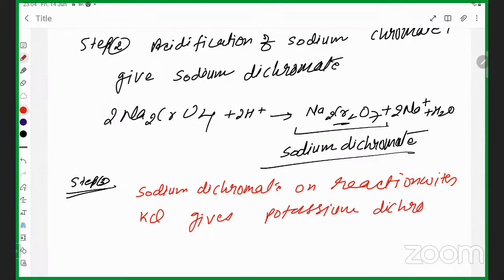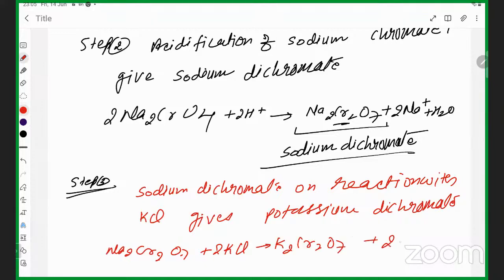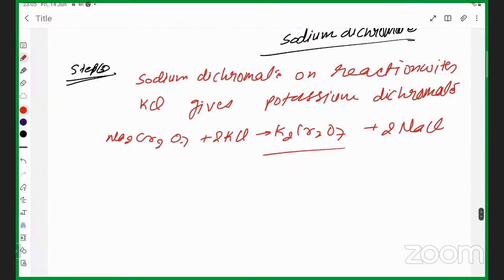So Na2Cr2O7 plus 2 KCl will give K2Cr2O7 plus 2 NaCl. This is the potassium dichromate. Done.